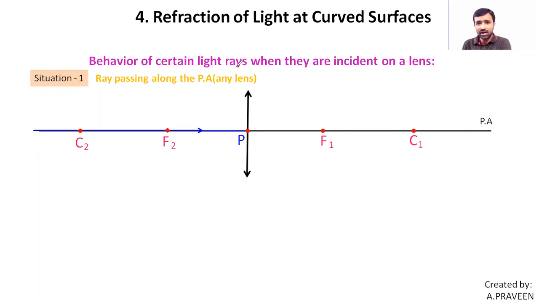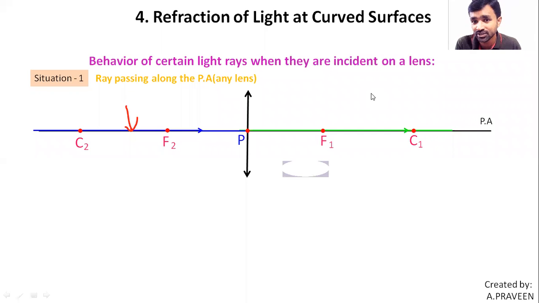What happens after refraction from the lens to this ray? Can anybody guess how I incident? So here it is along the normal, because the line joining the pole and center is nothing but the normal. So it is along the normal, it remains undeviate after refraction. This is situation 1.